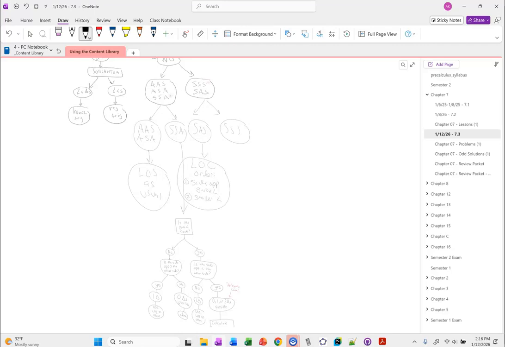Fitting it all on one sheet of paper is a nightmare. The side, side, side.